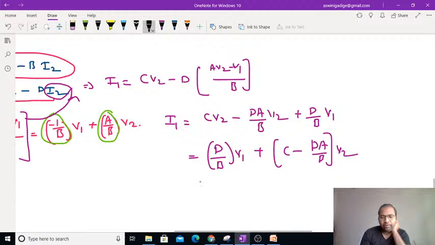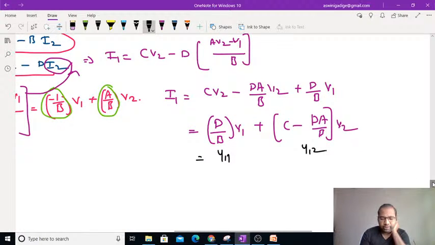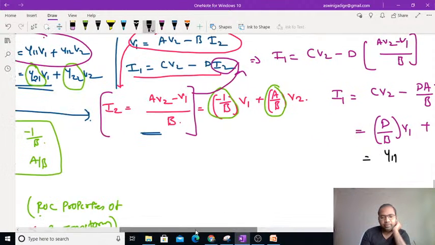Now if I compare both these, here it is Y11 and it is Y12. Clear? So all of you understood this.